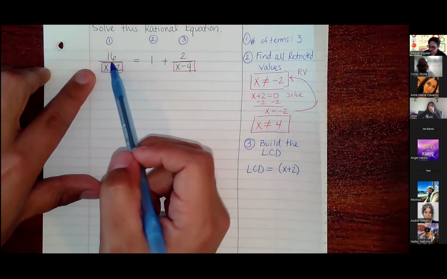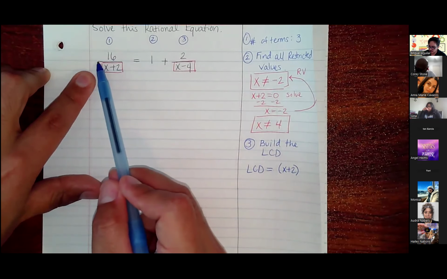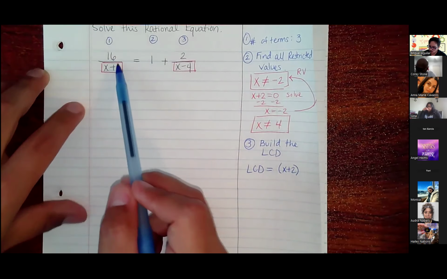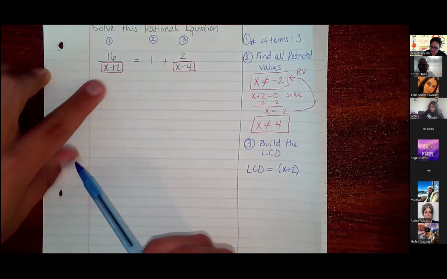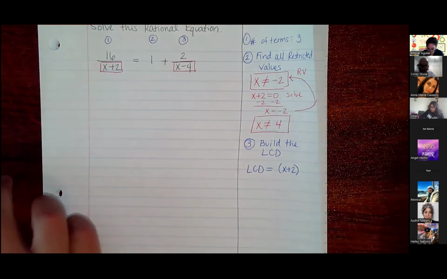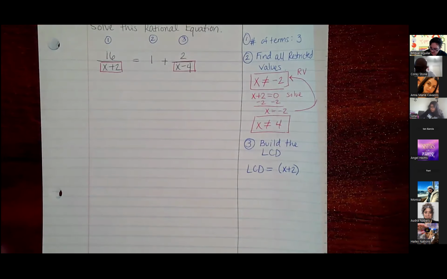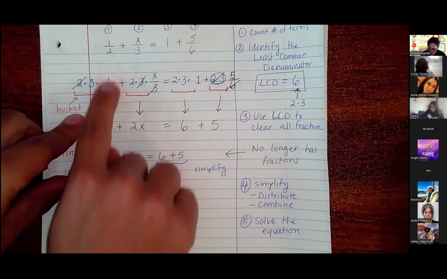Yeah, so you have to ask yourself, looking at this term, 16 over x plus 2, what would I multiply by this term to cancel out its denominator? It is x plus 2, right? Just like we saw on the previous example, we looked at that first term and said 1 over 2.